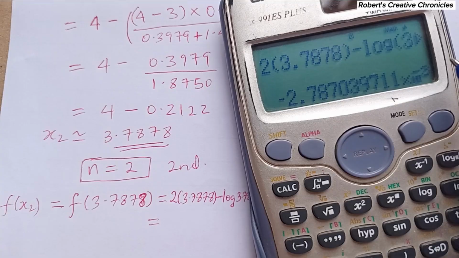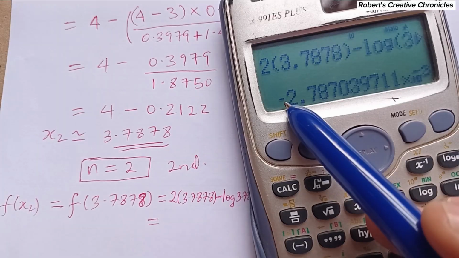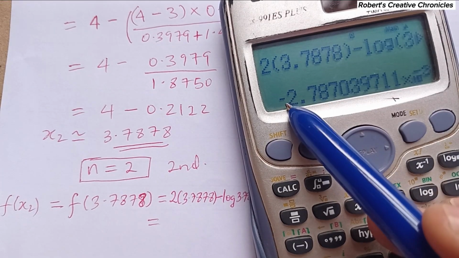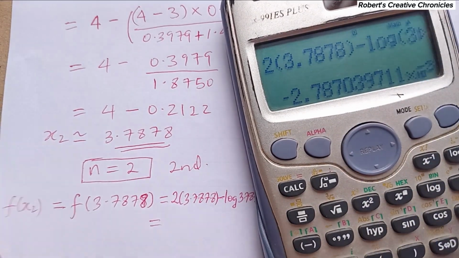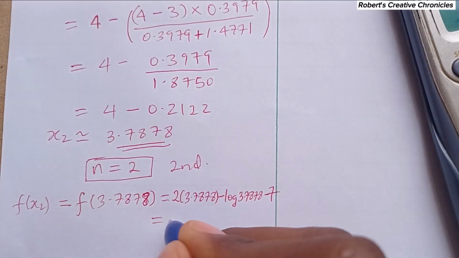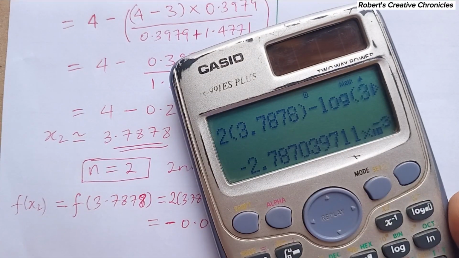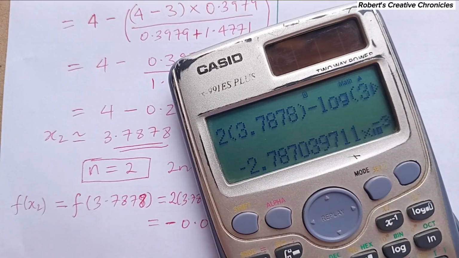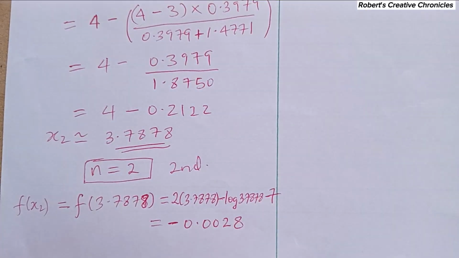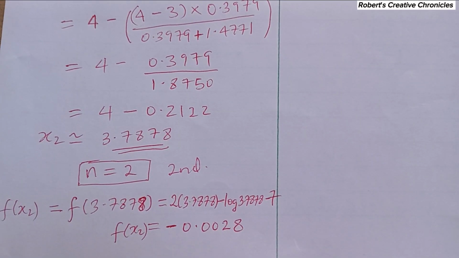You can see that this is times 10 to the power of minus 3, so it will move 1 to 3, so there will be 2 zeros before this 2 and it will be 28. So this is negative 0.0028. You can see it, meaning there will be 2 zeros before this 2. So the function of x2 is this.